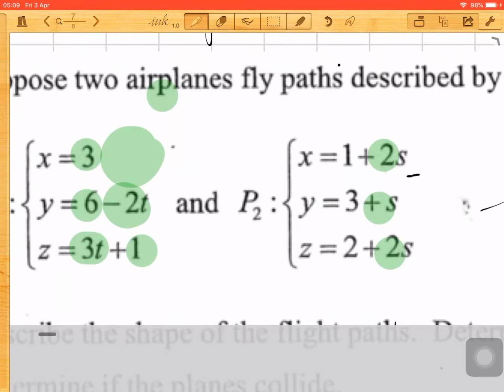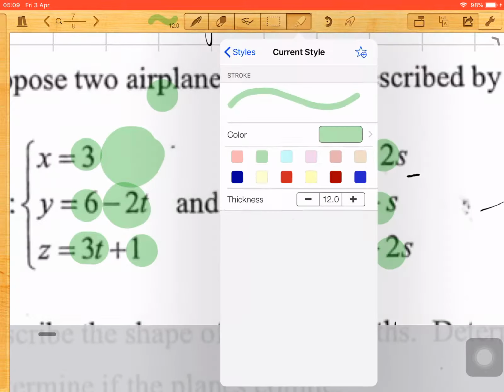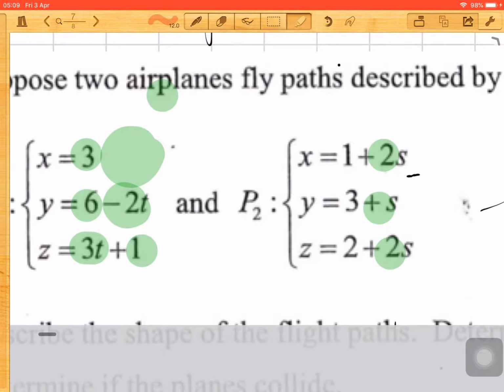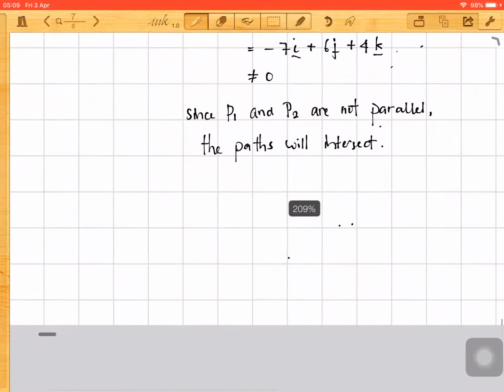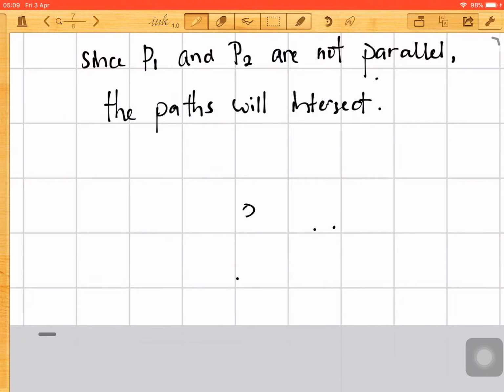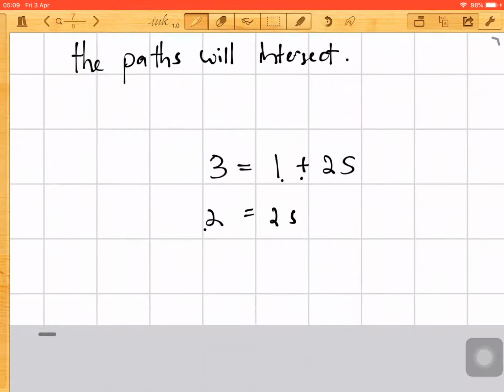For the value of x, x is 3 and x is 1 plus 2s. We will have 3 equals 1 plus 2s. So you get 2 equals 2s and s equals 1. You just have to find either s or t.